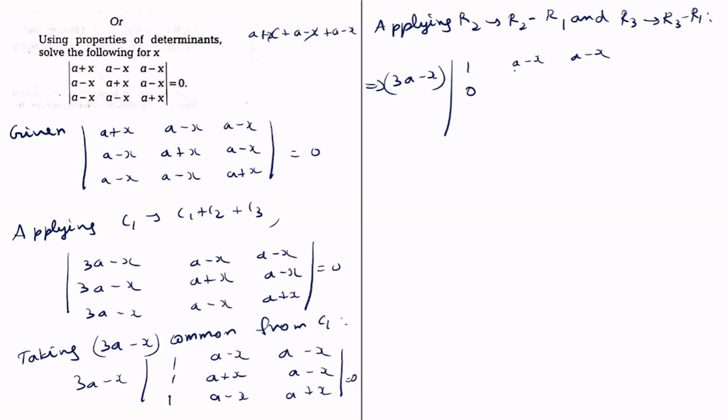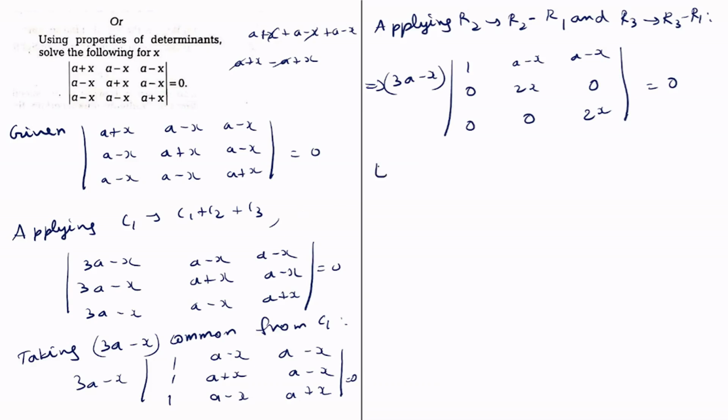Then 1 minus 1 will become 0. Here A plus x minus A plus x, so here we will get 2x. And here A minus x minus of A minus x, here again it will be 0. Then R3 changing to R3 minus R1, again this will be 0. 1 minus 1, 0. And here A minus x minus of A minus x, this term will be 0. And then A plus x minus A plus x, here we will get 2x. This is equal to 0.